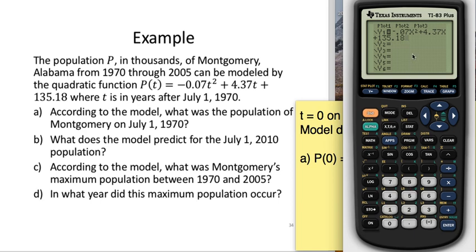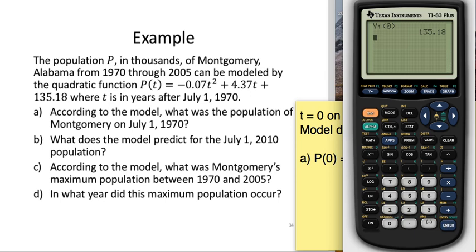Now I'm going to double check my data entry. Anytime I type anything into the calculator, I double check. Minus 0.07 x squared plus 4.37x plus 135.18. Looks great. And if I just mechanically compute y1 of 0 on the calculator, I should get 135.18.